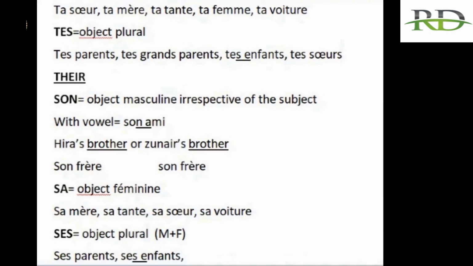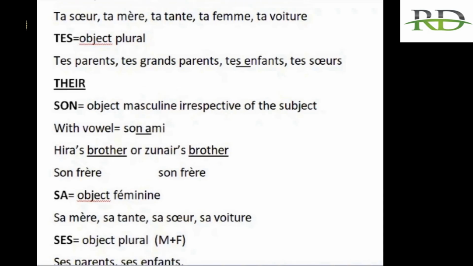Okay, everybody, is that clear? Ma, ma, me. Mera, meri, mere. Ta, ta, te. Tumhara, tumhari, tumhare. Sa, sa, and say. Unka, unki, unke. Now, what are the rules?